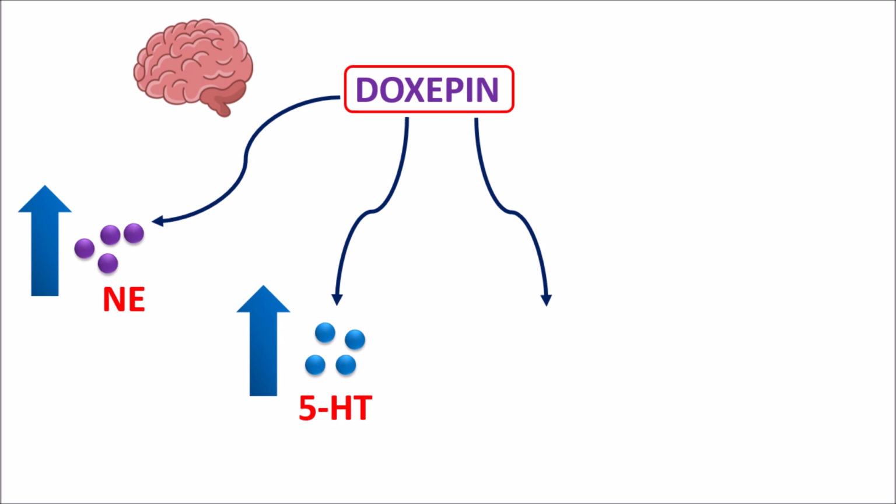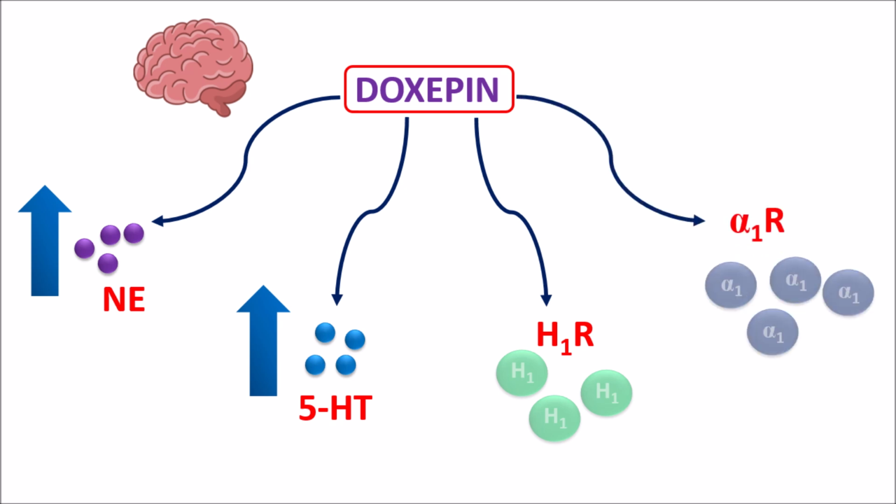Doxepin can mainly block the H1 histamine receptors, which may be responsible for induction of sleep, and this drug can also block alpha-1 adrenergic receptors, even muscarinic receptors. All these types of receptors are blocked by Doxepin, so it acts as an antagonist on these receptors. By all of these actions, it can improve the symptoms of depression as well as anxiety. But the main action of Doxepin is attributed to improved transmission of monoamines like norepinephrine and 5-HT.